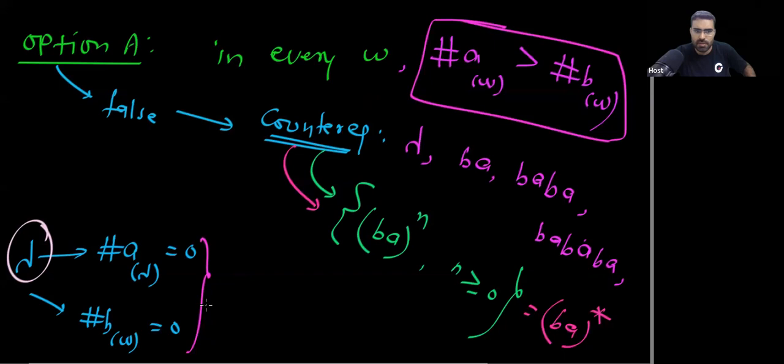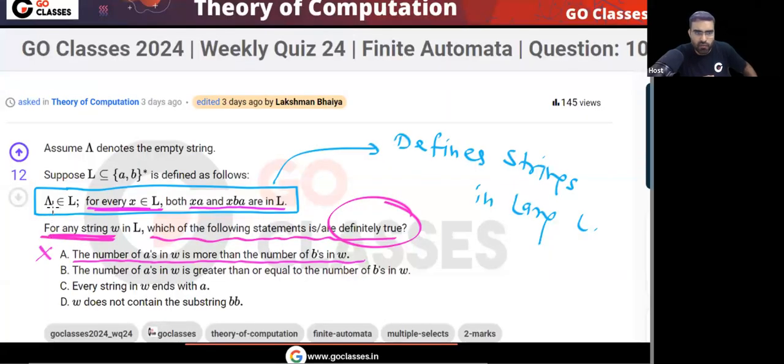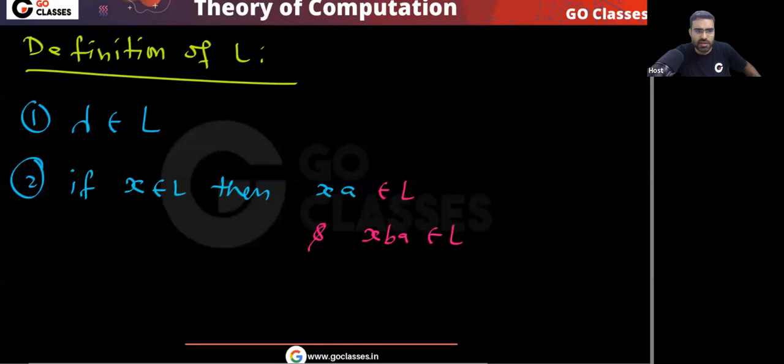Is this clear? Why does the empty string belong to the language that is given? It is already given in the question that the empty string belongs to the language. This is the definition of language.